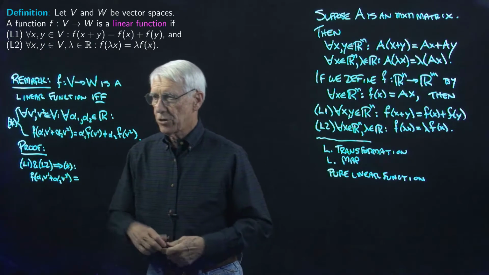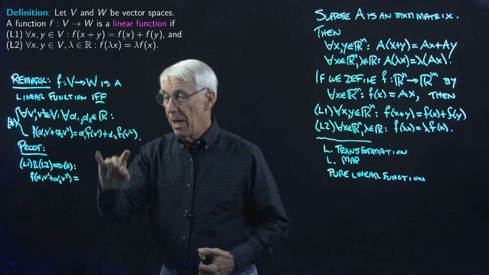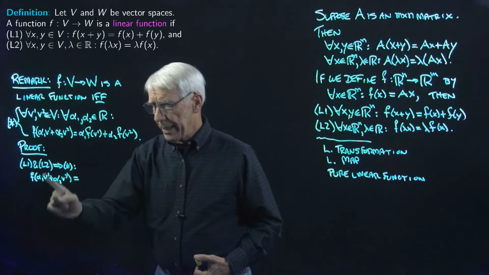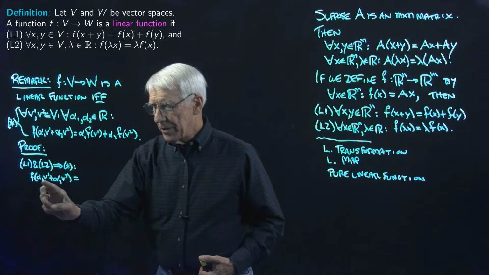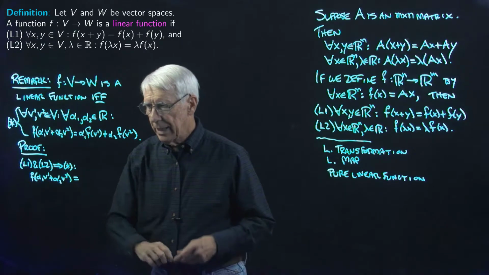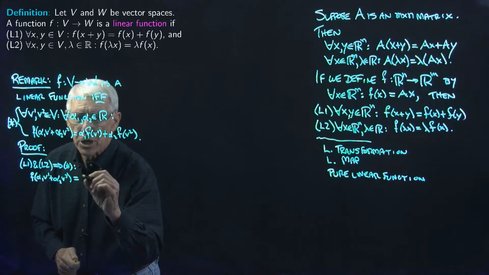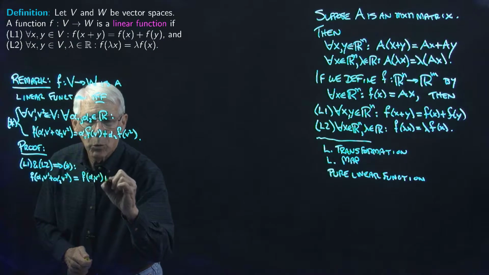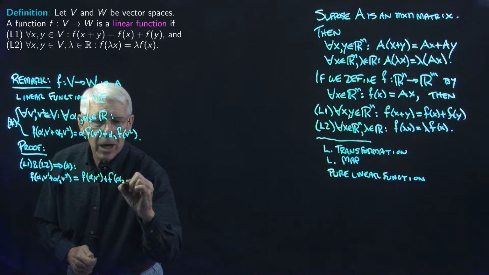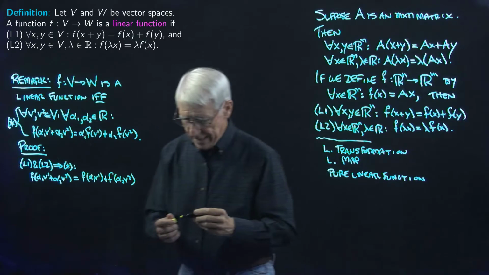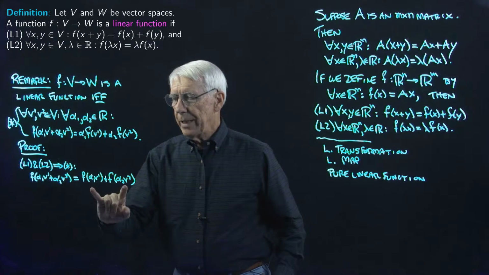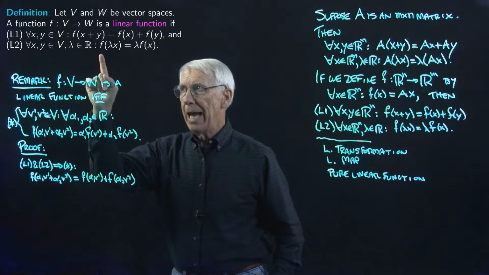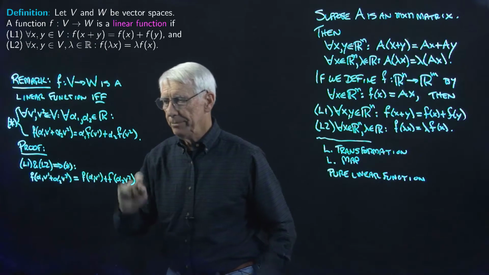Of course, I can't just write on the right-hand side what I'm trying to prove. But what I can say is that L1 implies that f of the sum of this vector plus this vector is the sum of the images. So this is going to be f of alpha 1 v1 plus f of alpha 2 v2. That's because alpha 1 v1 and alpha 2 v2 are playing the role of the x and y vectors in the definition.